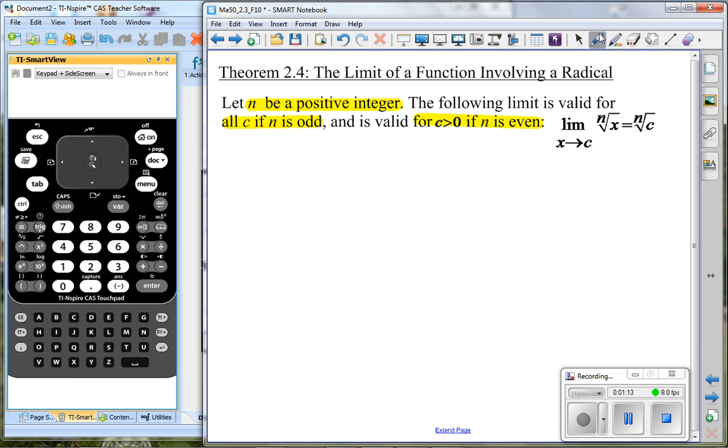Here's an example that we can look at. Let's consider the limit as x approaches -8 of the cube root of x. How would you describe the process of finding the limit?